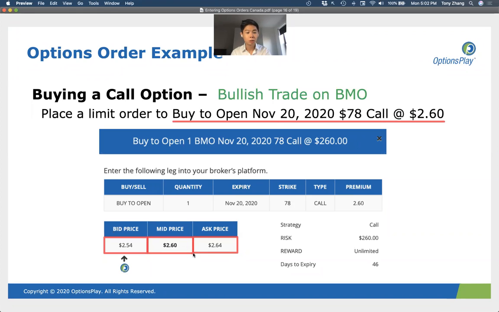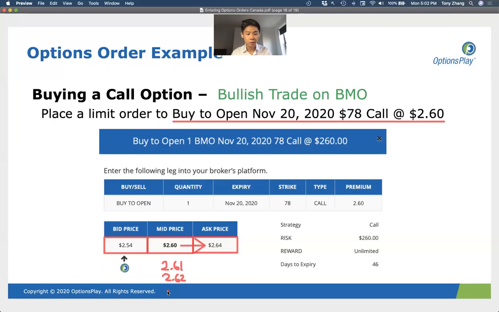And what this allows me to do is to quickly decide where I want to place my orders. Generally speaking, as a starting point, I would start at $2.60 and work my way up. Maybe if that doesn't get filled, move to $2.61, move to $2.62, and work my way up until I get filled.